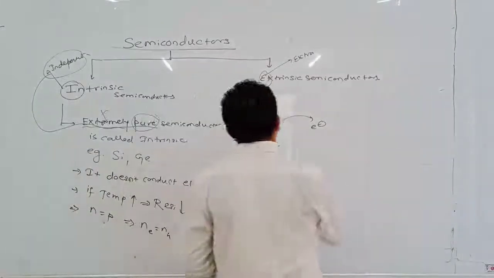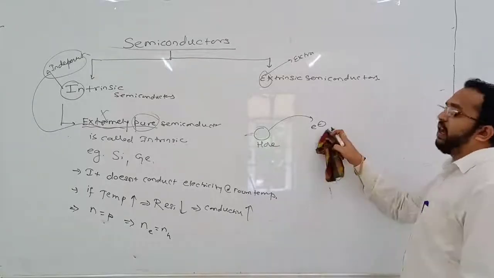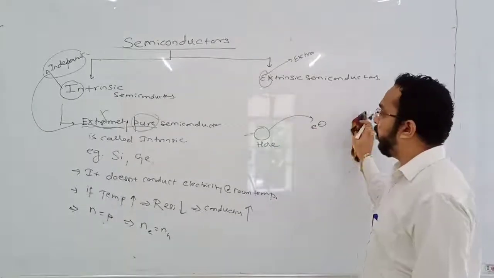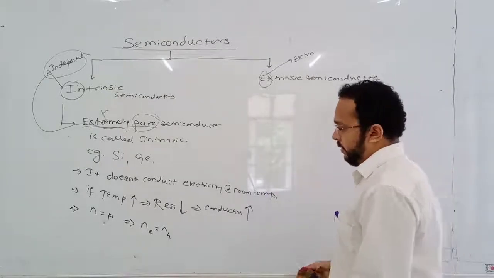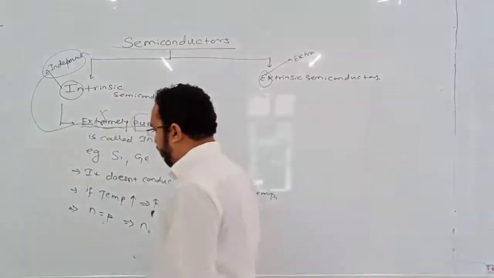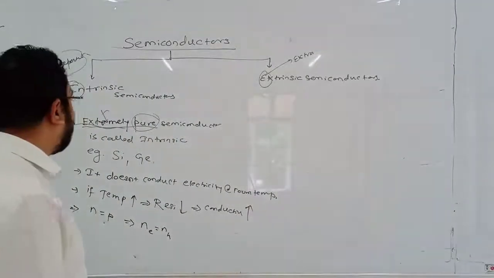So generally students take it as negative and here it is positive, because it is gain of electron positive and loss of electron hence negative. Okay, it is just to remember. So number of holes and number of electrons are same in intrinsic semiconductor.